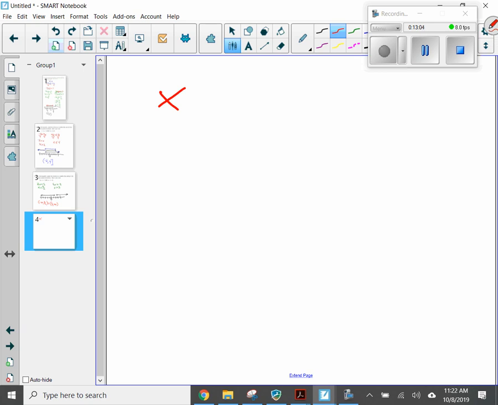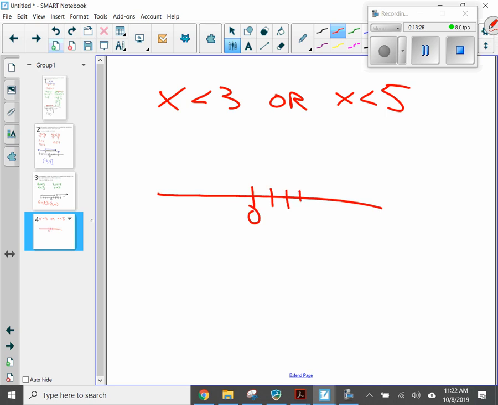All right, X is less than 3, or X is less than 5. Now that looks like kind of a dumb problem, you know, for a math class, but when you're actually doing things practically, you might actually end up with that answer. So if I was to graph that, here's 0, 1, 2, 3, 4, 5, 1, 2, 3, 4, 5. Well, X is less than 3, and X is also less than 5.